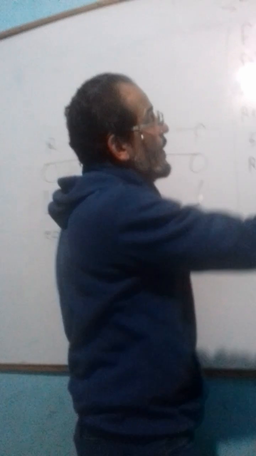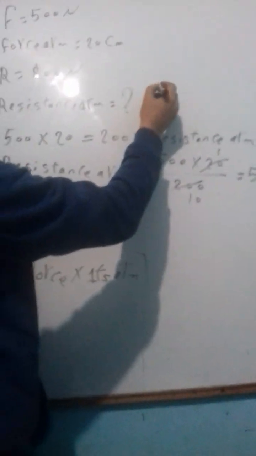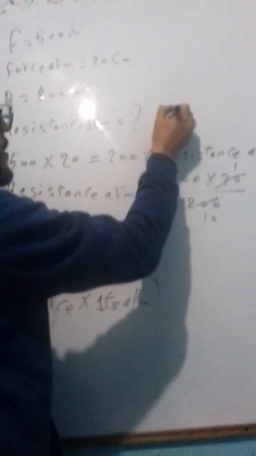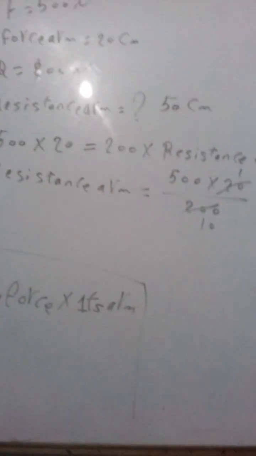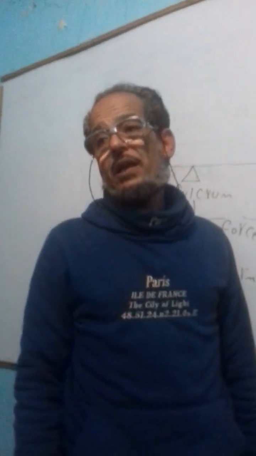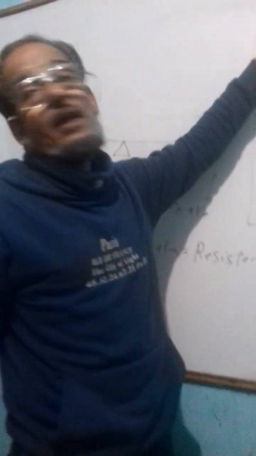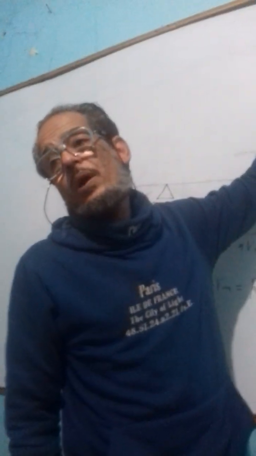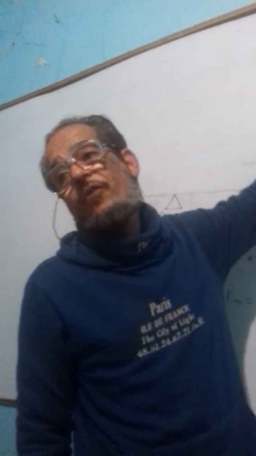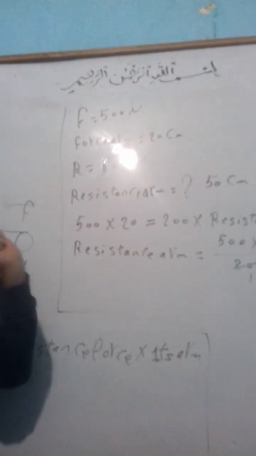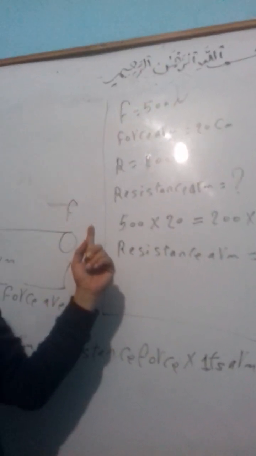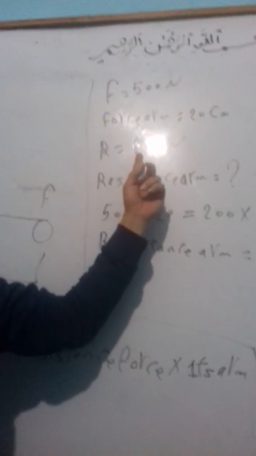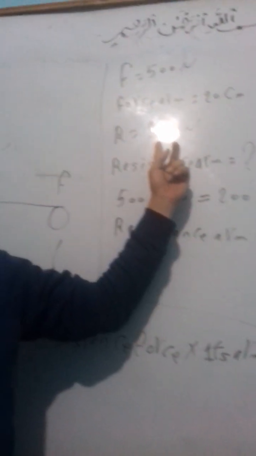If we ask some question, رويدا يبقى احنا عرفنا ان ديت اصبحت كام؟ Resistance arm 50 centimeter. Now if we look to the effort force we find its value 500 Newton. But resistance force 200 Newton.